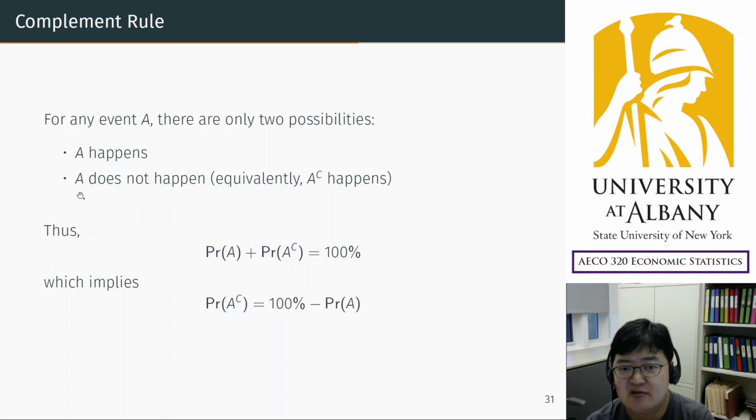So the probability that A happens plus the probability that A does not happen must sum to 100%, because there are only 2 cases. That means the complement probability can be obtained by calculating 100% minus the original probability. This is a simple way to calculate the probability for the complement, and we call this the complement rule.